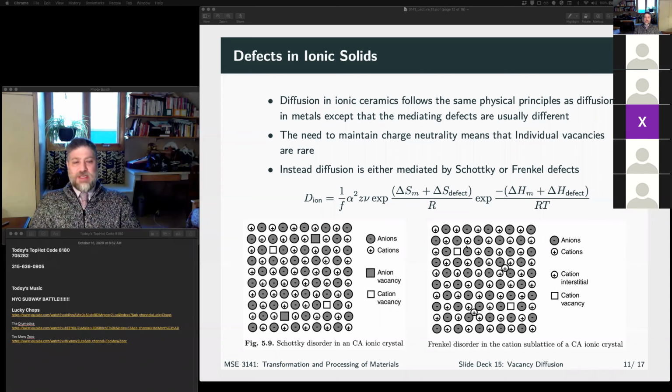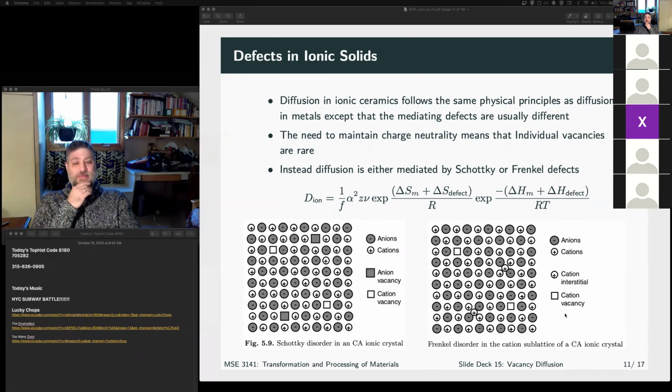It might be too expensive. So you then have a situation where you have cations that instead of forming these paired vacancies, you have cations that go interstitial, right? Leaving a vacancy behind, right?